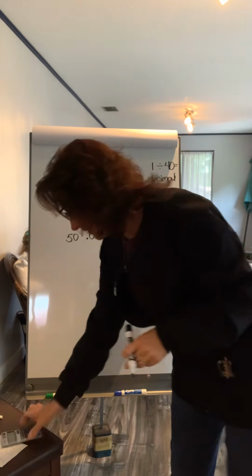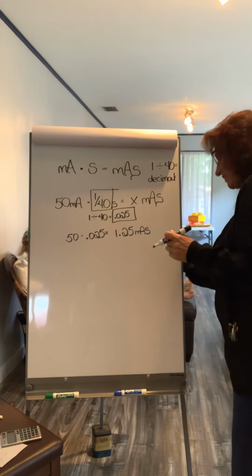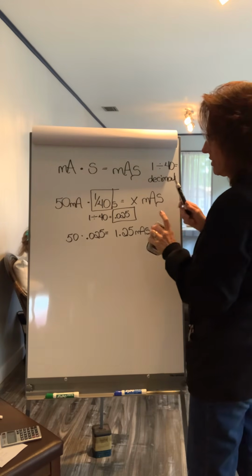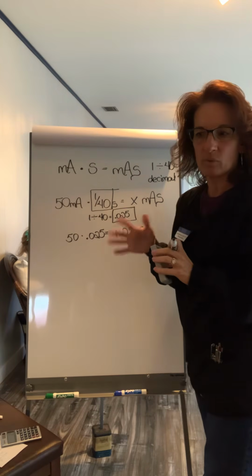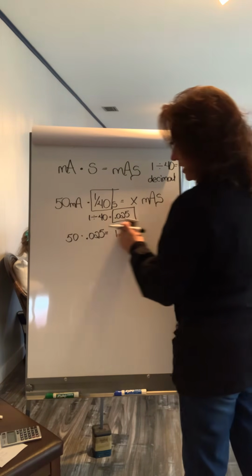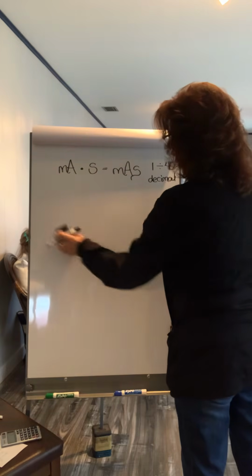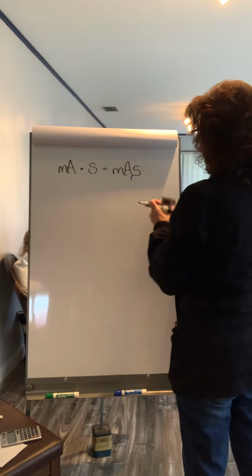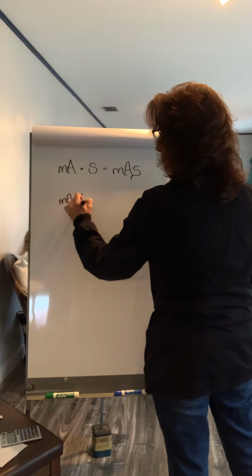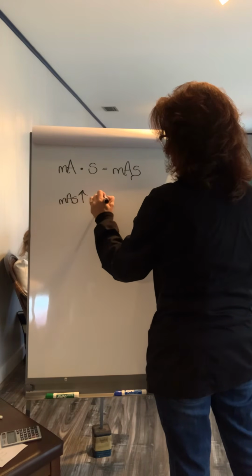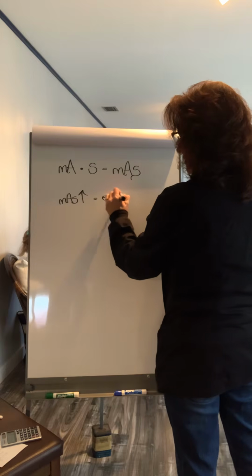All right, and then the only other thing they mentioned in there is that your mass is directly related to your exposure, meaning it's directly proportional. So if your mass increases, then your exposure increases.